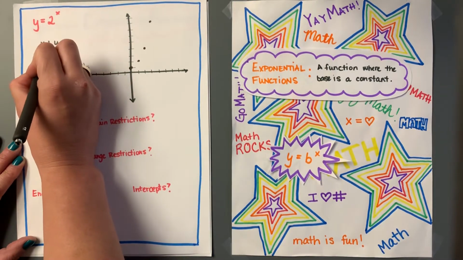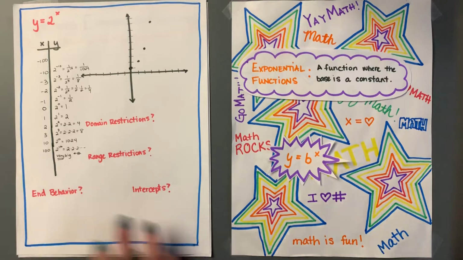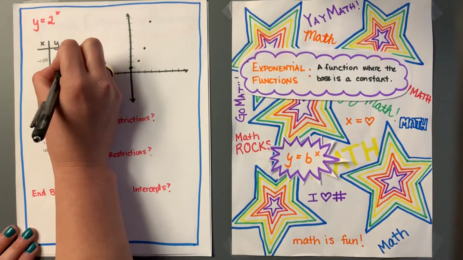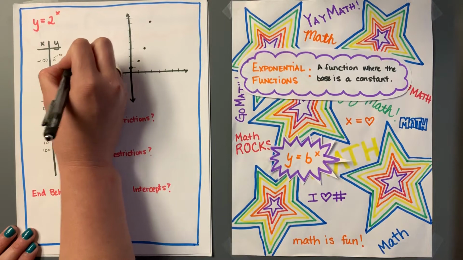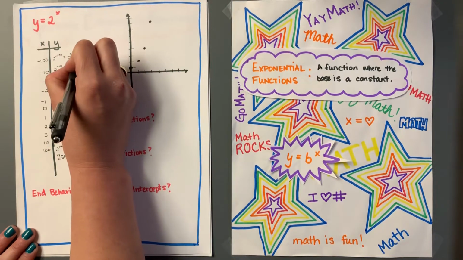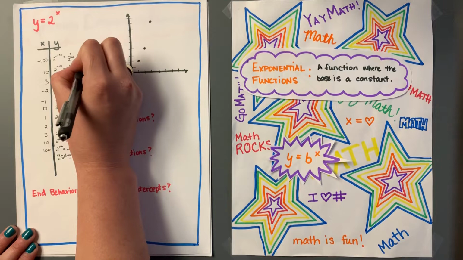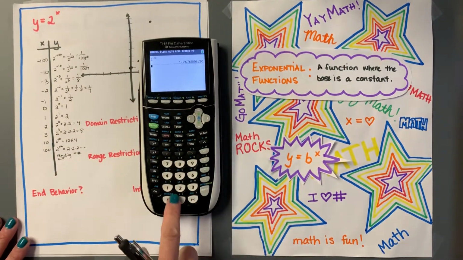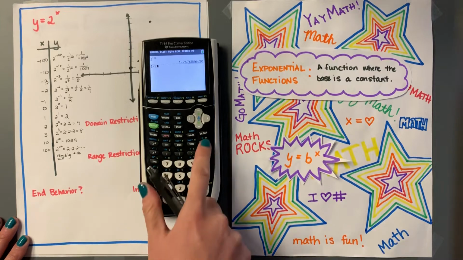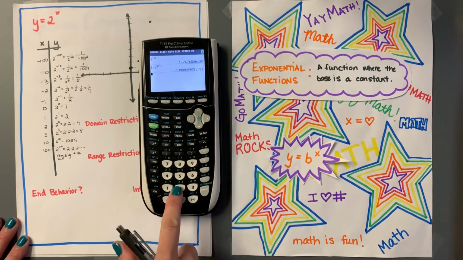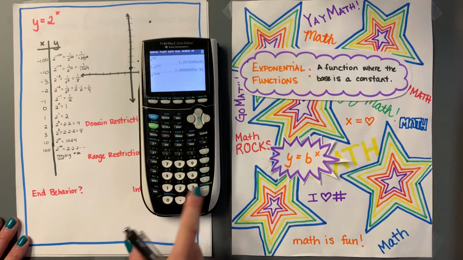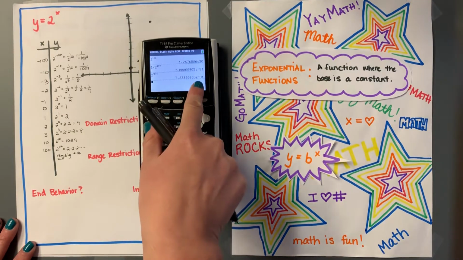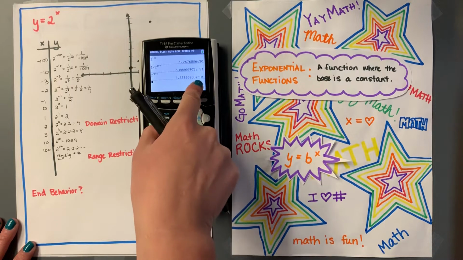And if I plug in negative 100, I get 2 to the negative 100, which is 1 over 2 to the 100, which is 1 over a positive big number. And if I take 1 over 2 raised to the 100, or 2 raised to the negative 100, I get 7.9 times 10 to the negative 31.